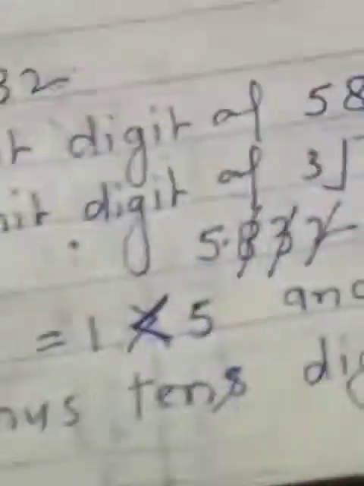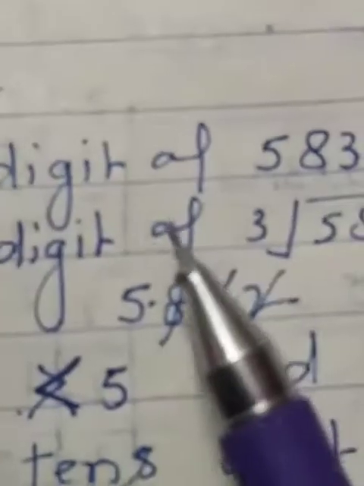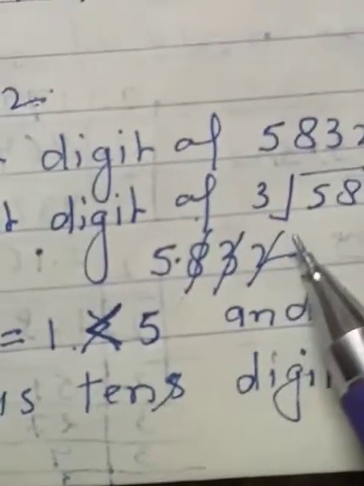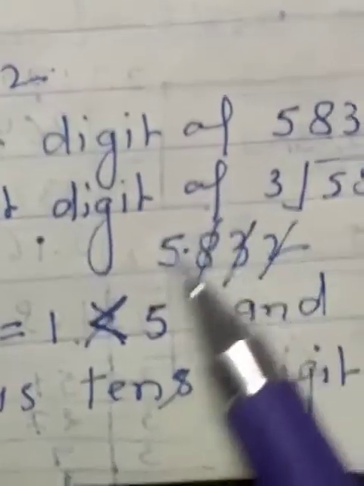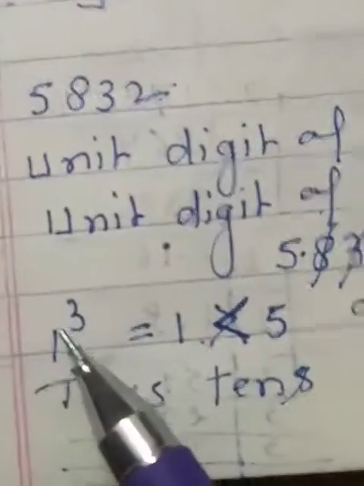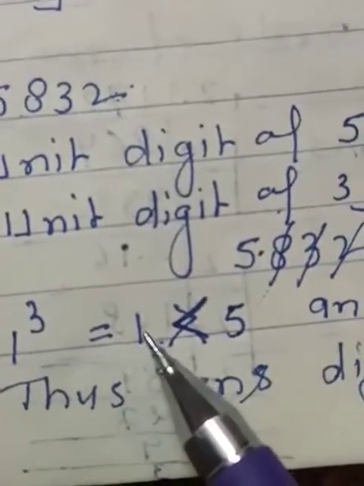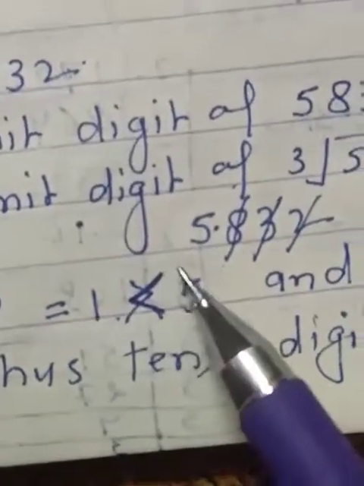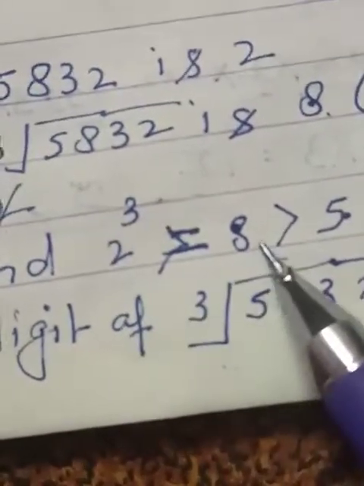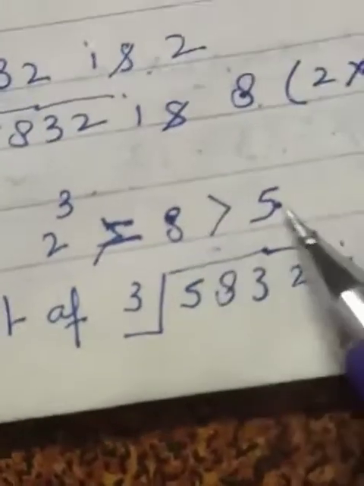Now when we write 5832 and cut three digits from the right side, 5 is left. Now 1 cube is equal to 1, and 1 is less than 5. And 2 cube is equal to 8, which is greater than 5.